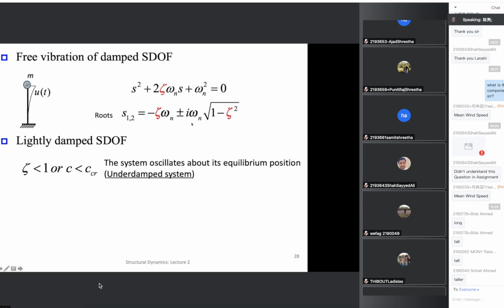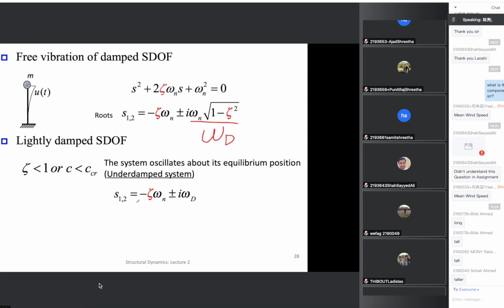And to simplify the expressions, we usually define this part, omega n times this one, as omega d. And then the solution will become this part plus and minus i omega d t.